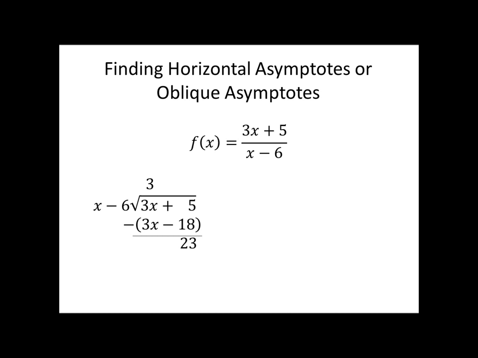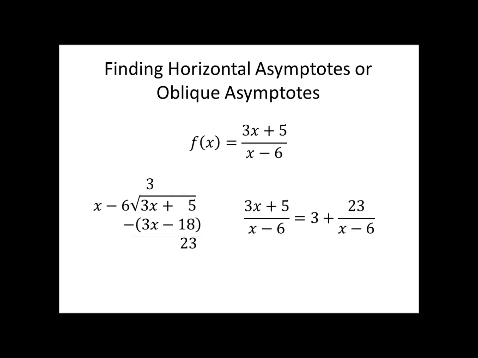Now, I stop with my long division because now what I've got is a power that's lower than the power on bottom. So that 23 is a remainder. And what it means is that my rational function is actually equal to 3 plus 23 over x minus 6. Now that fraction at the end is proper.